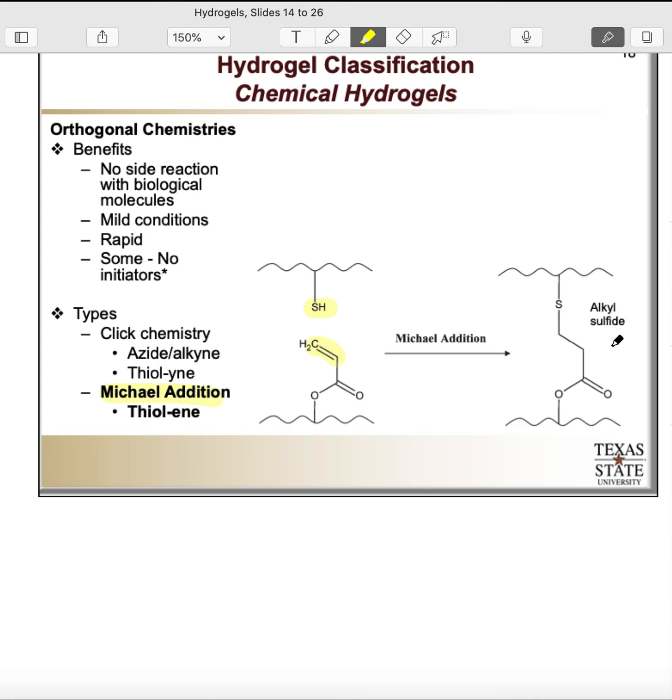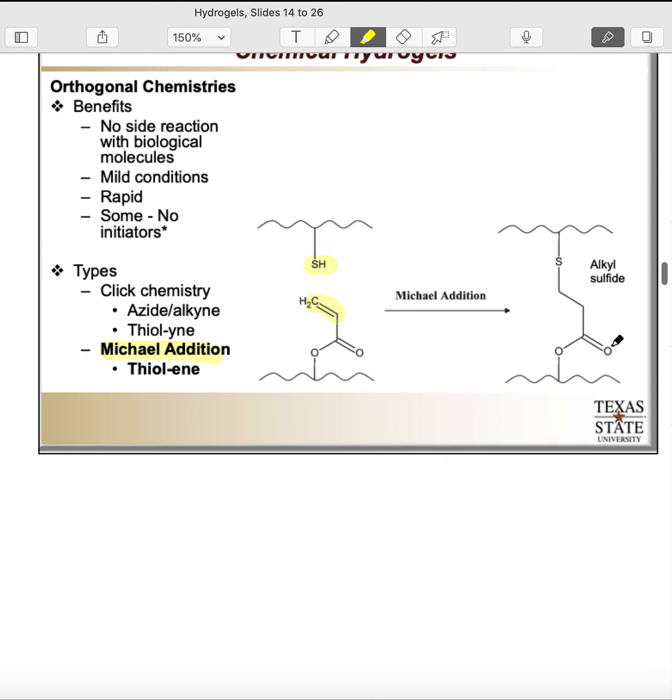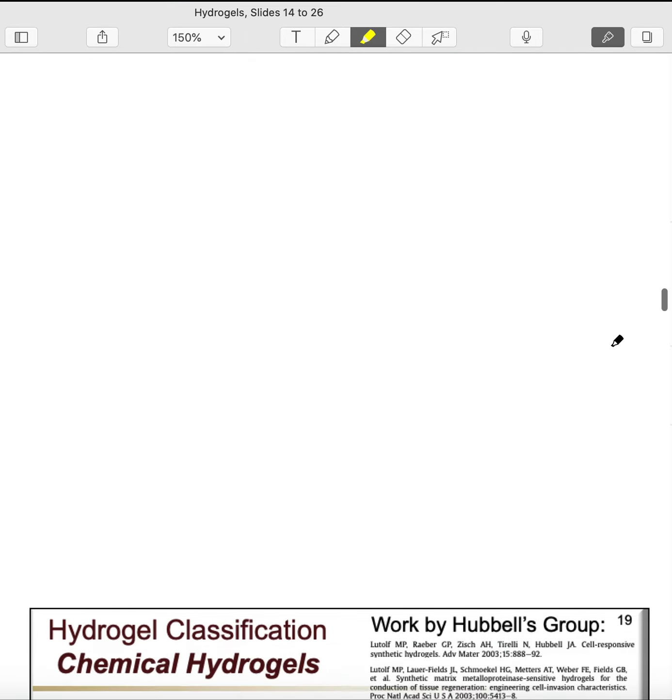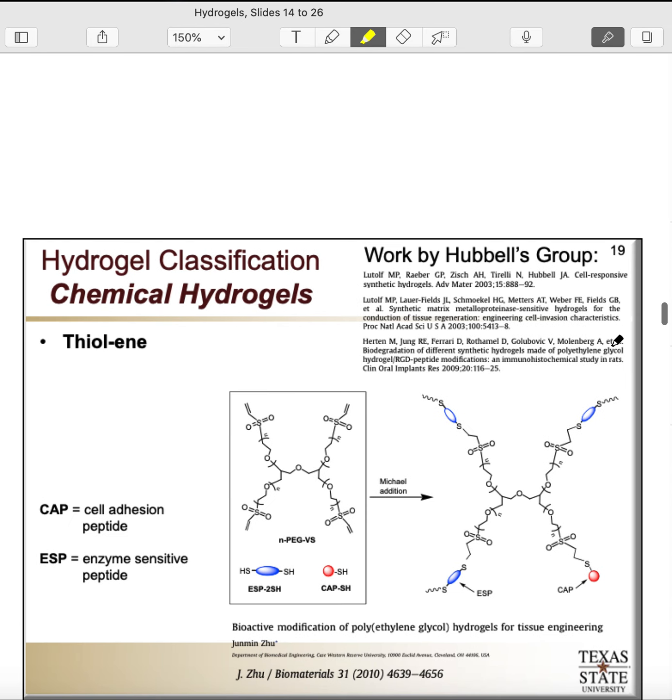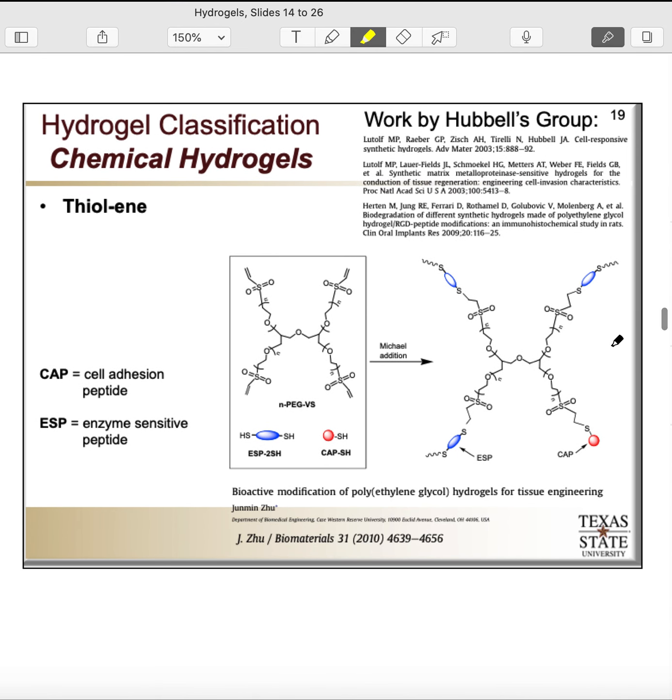One of them is a free radical addition that is initiated either with light or with heat or with radical initiators, or it can be catalyzed through the use of base or a nucleophile. This is one particular example where they have used the thiol-ene chemistry. So thiol, again, the sulfhydryl, are reacting with an alkene, carbon-carbon double bond, to form a hydrogel.